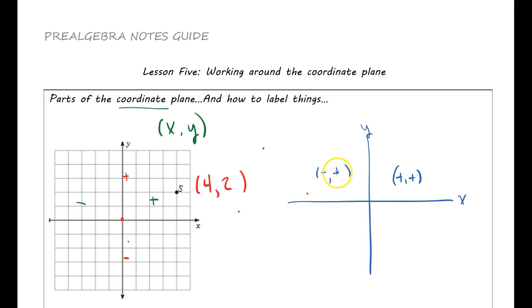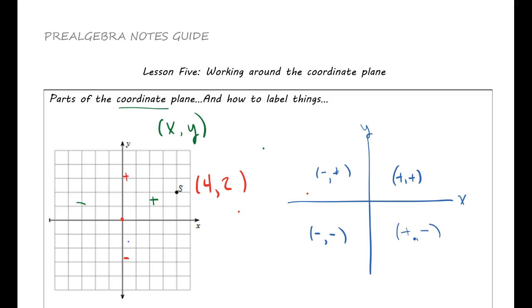So the x's will be negative and the y's will be positive. What about here? Here I'm going left, so that's negative. Then I'm going down, so that's negative. And then in this quadrant, I go to the right, which means it's a positive x, but then I go down, which means it's a negative y. So that's how your points will look with positives and negatives, depending on what quadrant you're in.